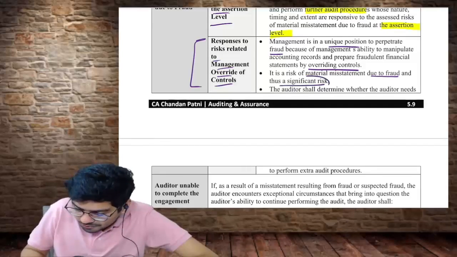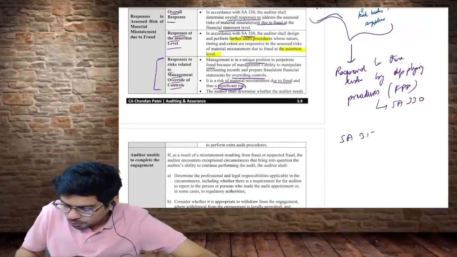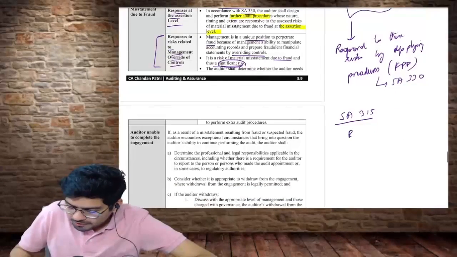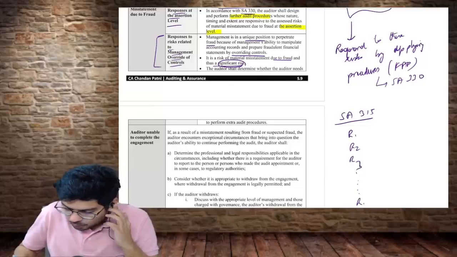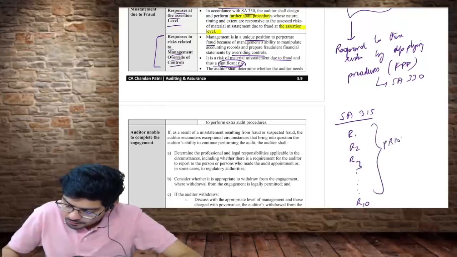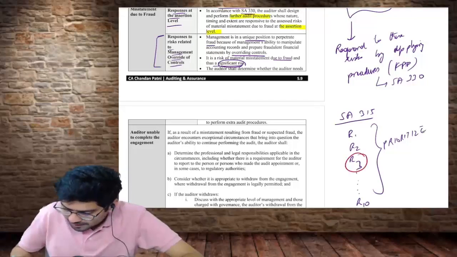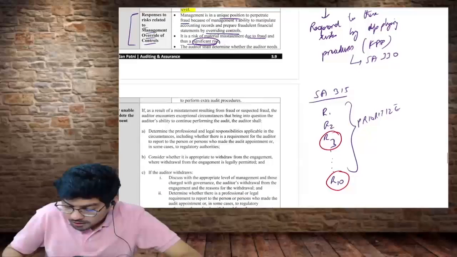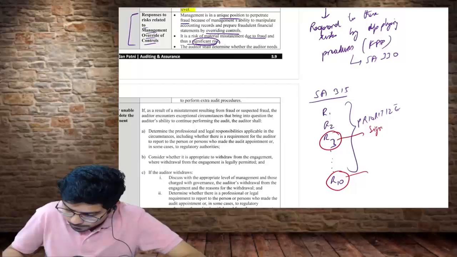Do you remember the word significant risk? In SA 315, I told you that when you come up with various risks, let's say R1, R2, R3, this way you go up to 10 risks. Then I told you need to prioritize the risk. Let's say risk number 3 and risk number 10 are prioritized by the auditor. So these will be known as what?